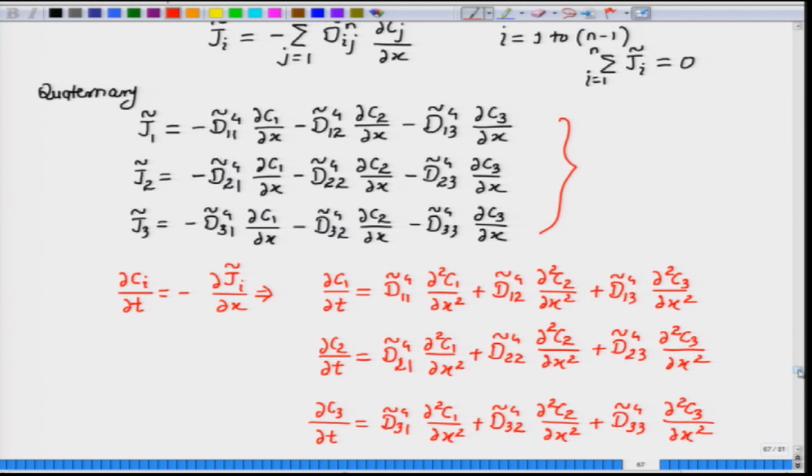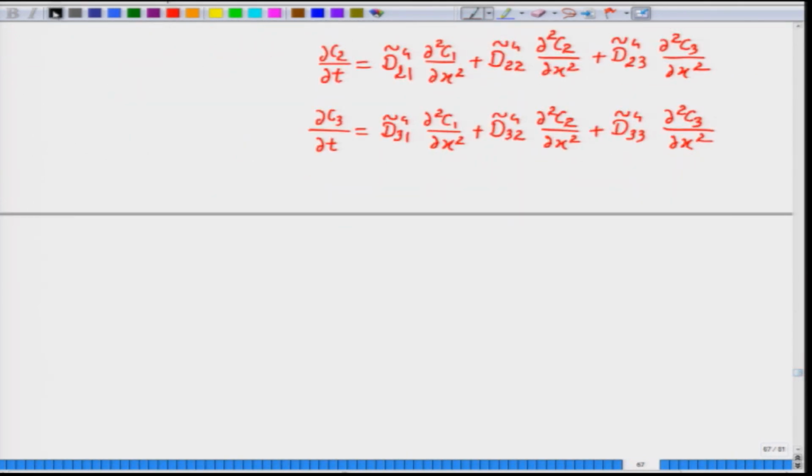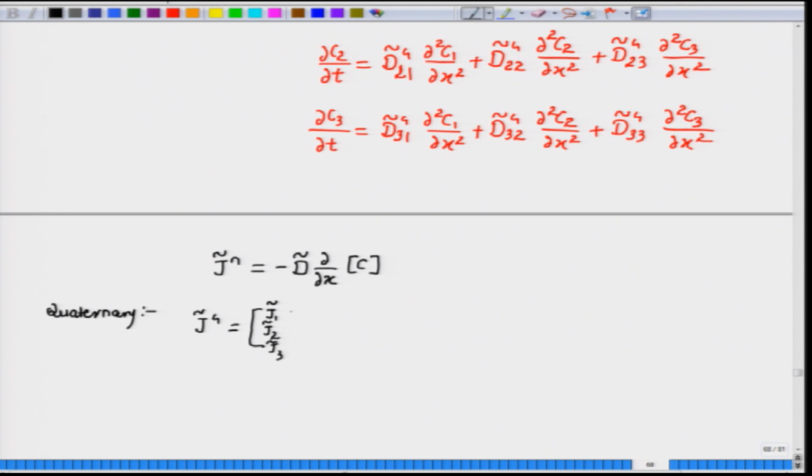So, we can write the Fick's law equation as J tilde n in general is equal to minus D tilde times ∂/∂x of C. So, in this case, if we write this for a quaternary system, we can define these matrices as J tilde is a column matrix of 3 independent fluxes, which are J1 tilde, J2 tilde and J3 tilde.